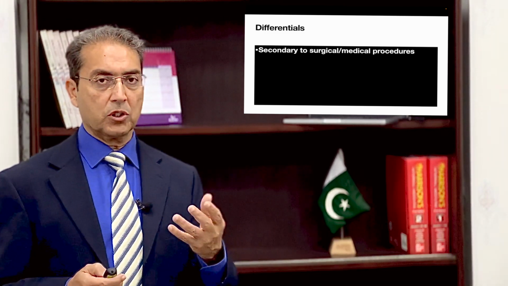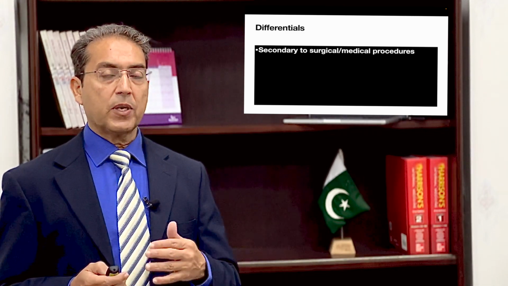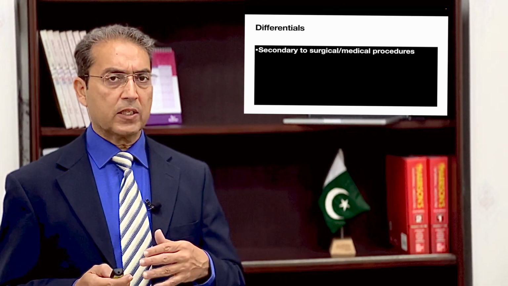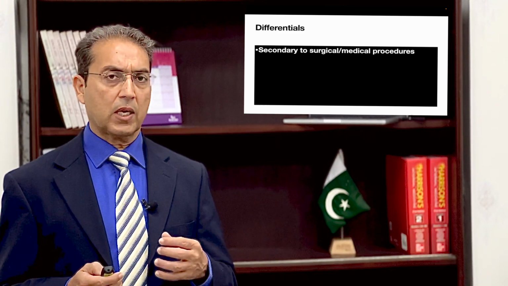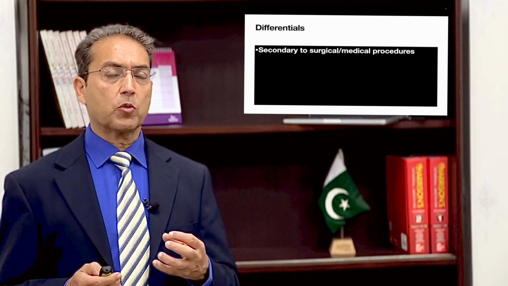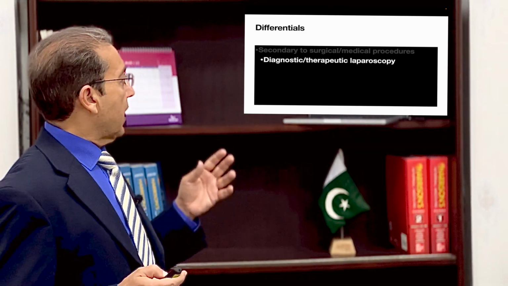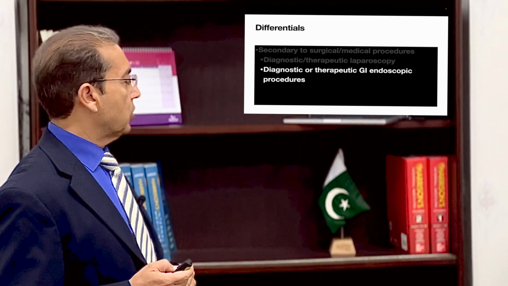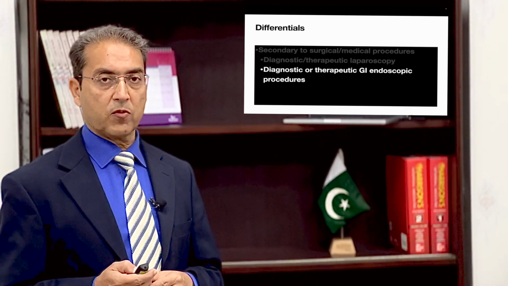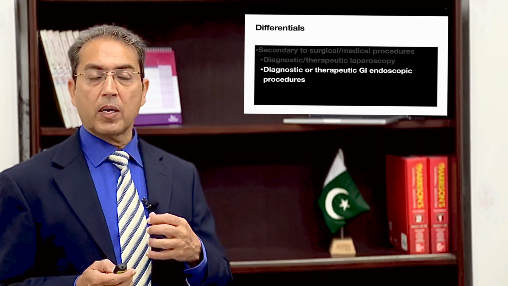Some surgical procedure, for example, if a laparoscopic procedure has been done, the patient may have some pneumoperitoneum, but this generally resolves in 24 to 48 hours because laparoscopy is not possible without insufflating the peritoneum. Similarly, diagnostic or therapeutic GI endoscopic procedures can result in perforation, and sometimes there may not be perforation, but there may be pneumoperitoneum.